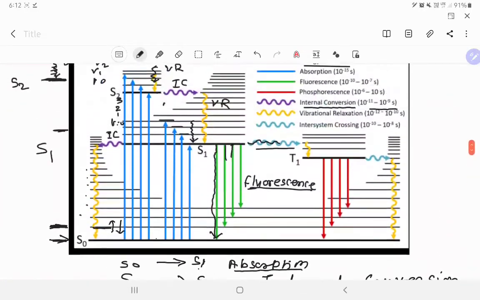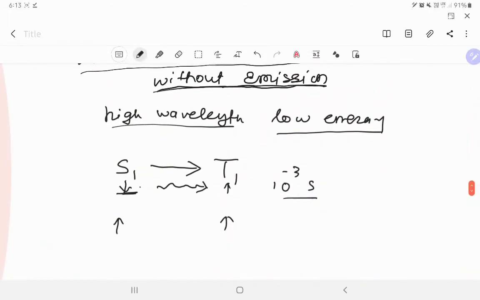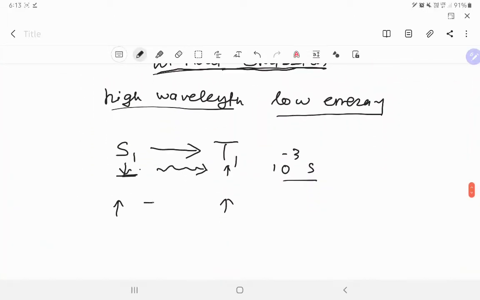This conversion is called inter-system crossing, ISC. What is inter-system crossing?